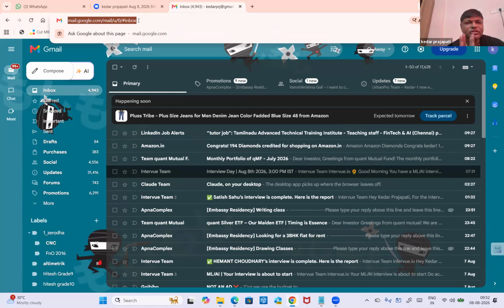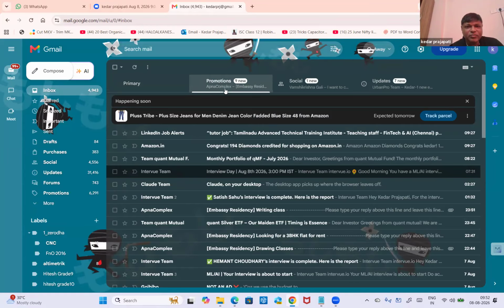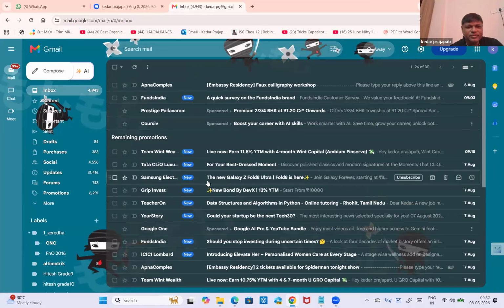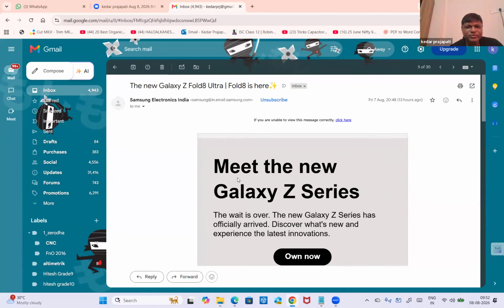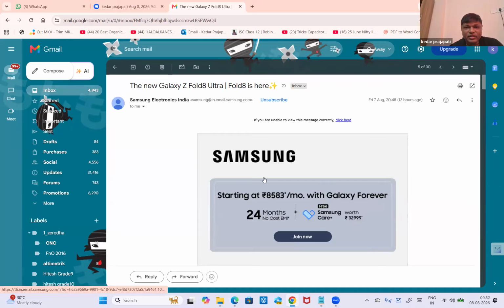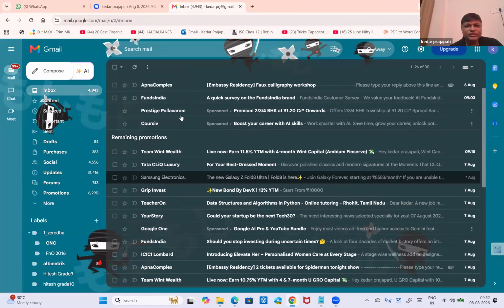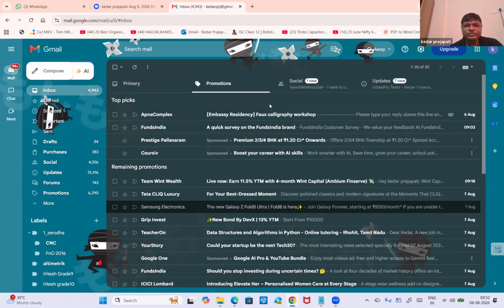Now, when Google created it, see, it is beautifully categorizing emails into primary. Promotion email: if somebody is telling that a new feature is launched, it goes to the promotion folder.